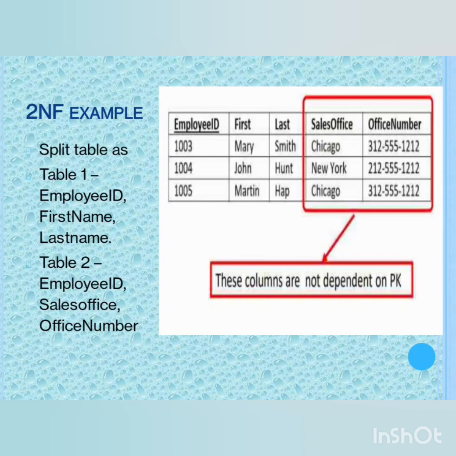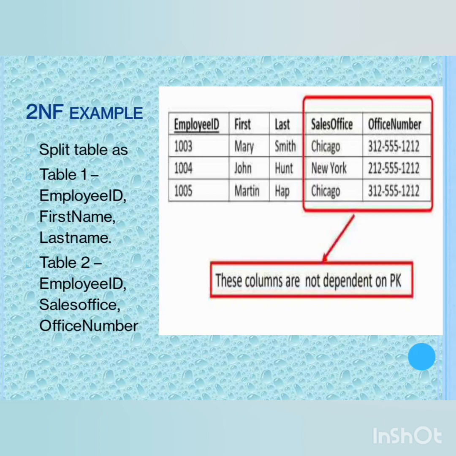If kept like that, what will happen? We will have redundant data. That is insertion anomaly, duplication of records will be there. So what should we do? We are trying to split the table into two. That is, we split table 1 and table 2.